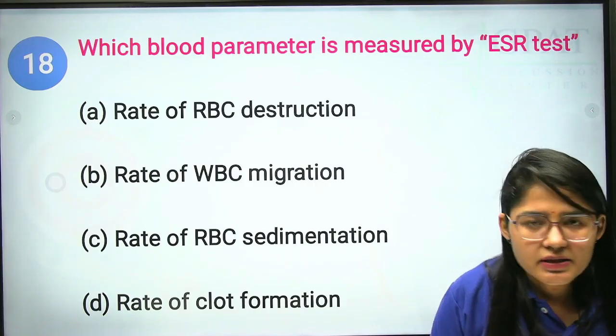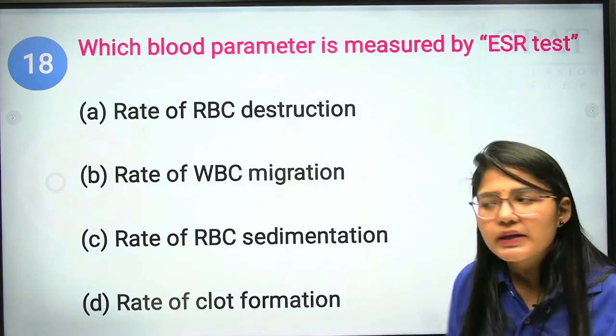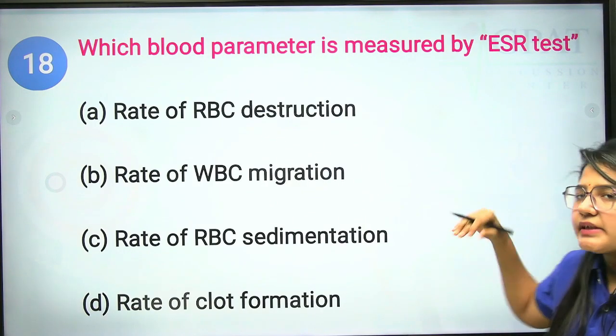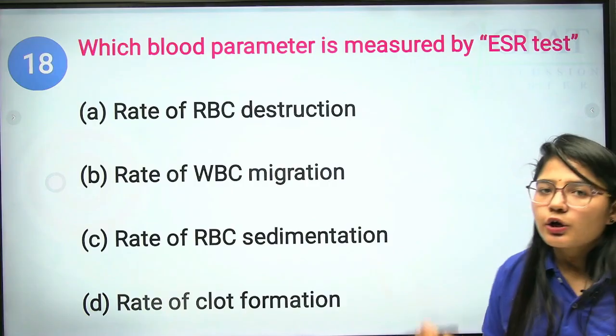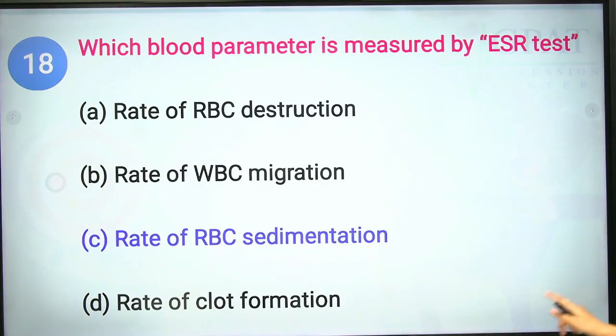RBC destruction means destruction of your heme, that is hemolysis. Next we have rate of WBC migration, known as WBC differential count. Next we have rate of clot formation, that is clotting time or prothrombin time. Clear? The correct answer is rate of RBC sedimentation.